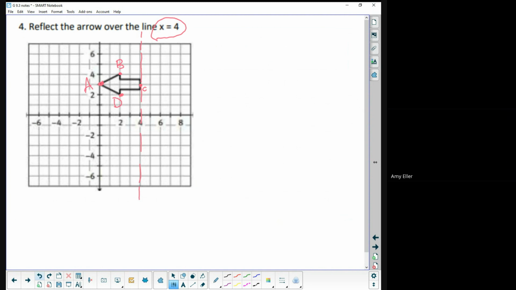Reflected just like the last one. I'm going to start with A. A is 1, 2, 3, 4 units from the line. 1, 2, 3, 4 units. Go ahead and do the rest of them.